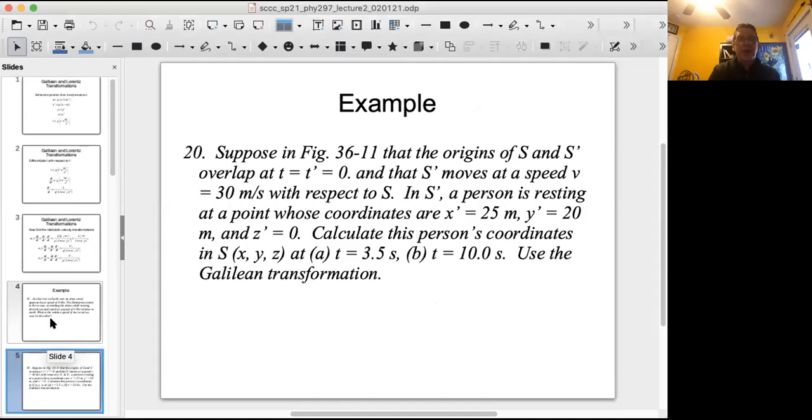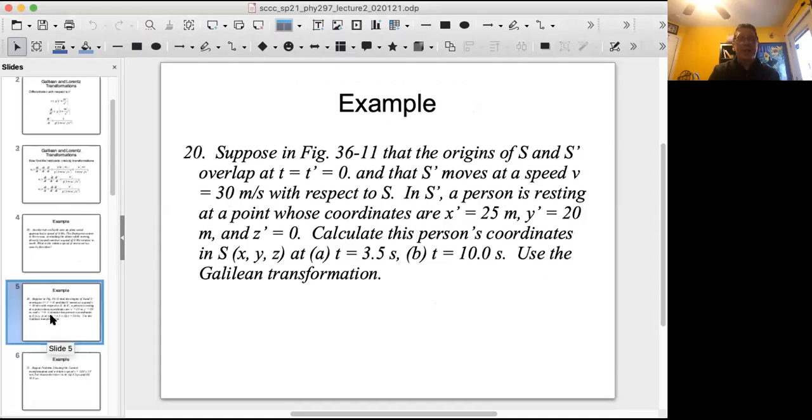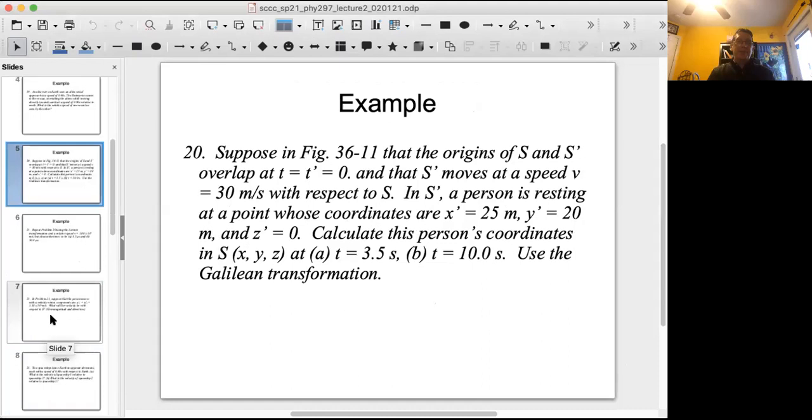So now we're going to move on to the second example. Suppose in figure 36.11 that the origins of S and S primed overlap at t and t primed equals 0, and that S primed moves at a speed of v equal to 30 meters per second with respect to S. In S prime, a person is resting at a point whose coordinates are x prime equal to 25 meters, y prime equal to 20 meters, and z prime equal to 0.